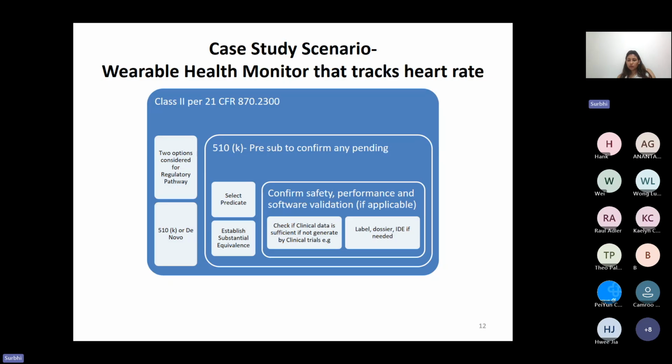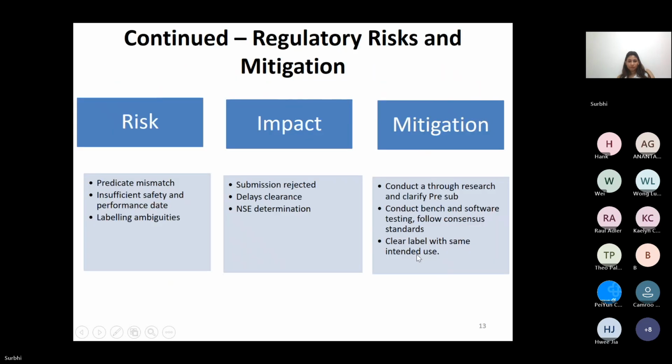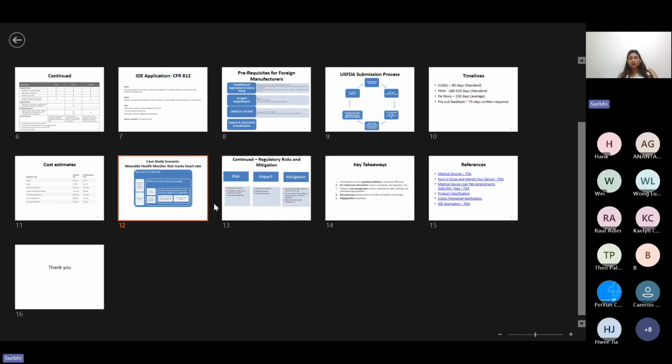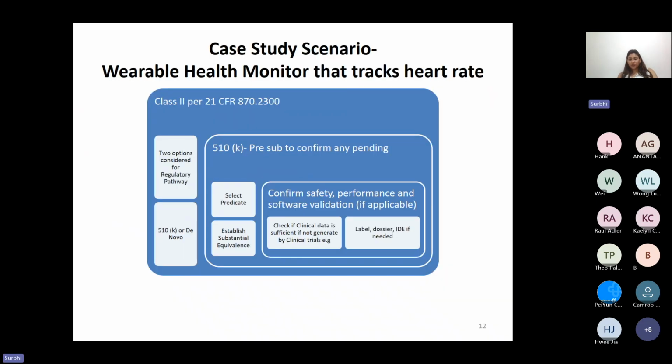Then what am I going to do? I will do the label dossier and also IDE if needed. So basically that's how I will register a wearable health monitor that tracks heart rate.